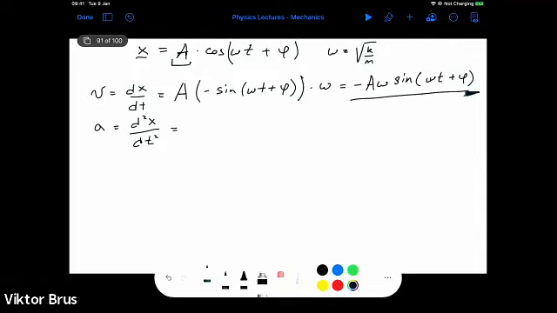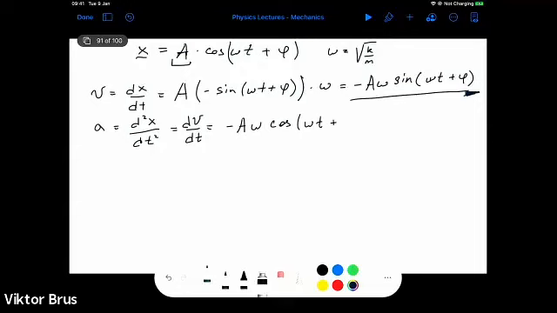To make it clear, it will be equal to dv over dt. So now we take the derivative of the velocity over time. So what will we get? It will be minus A omega, these are constants. Then the derivative of sine, it's cosine.